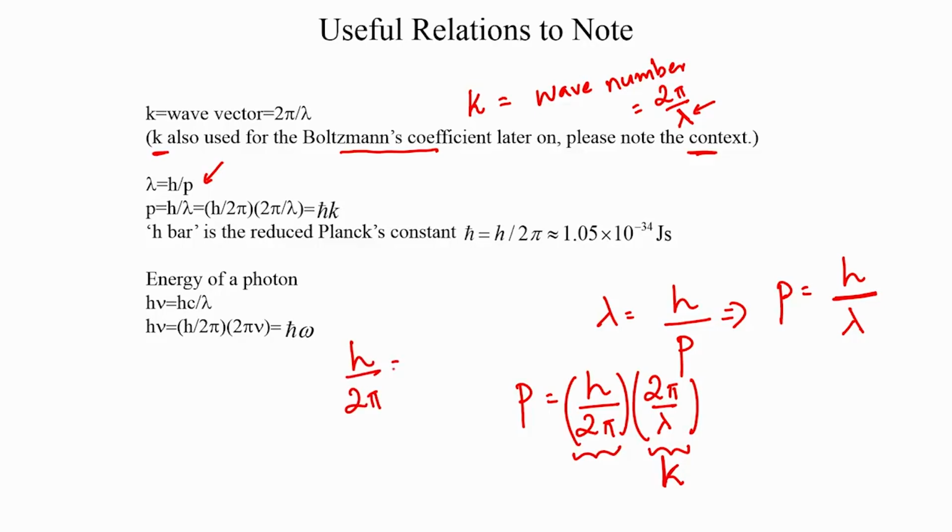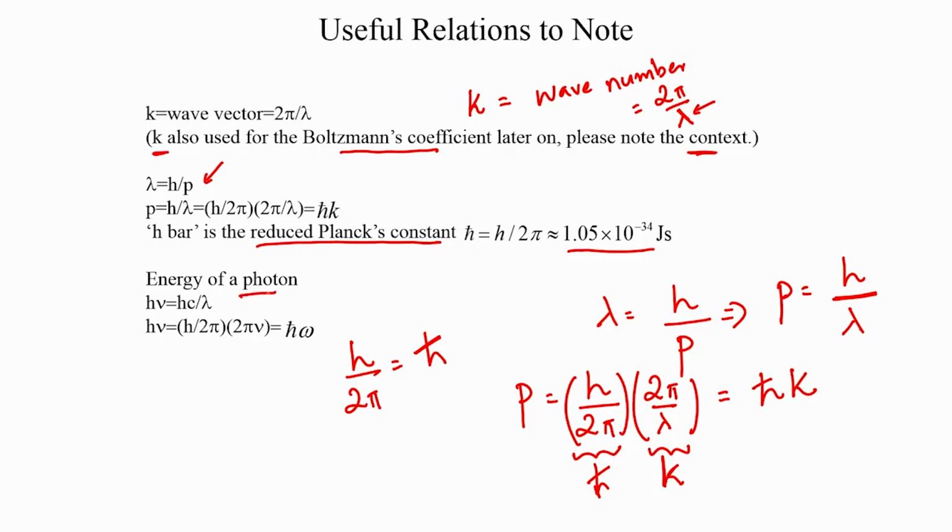It is called h bar, also known as the reduced Planck's constant. So, the term h by 2 pi is also denoted by h bar, which is called the reduced Planck's constant, and it has a value of about 1e-34 joule second. And therefore, the momentum can also be expressed as h bar k.